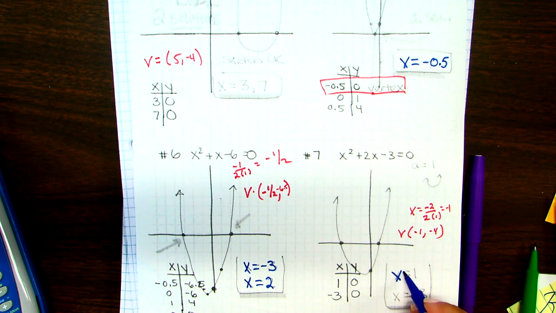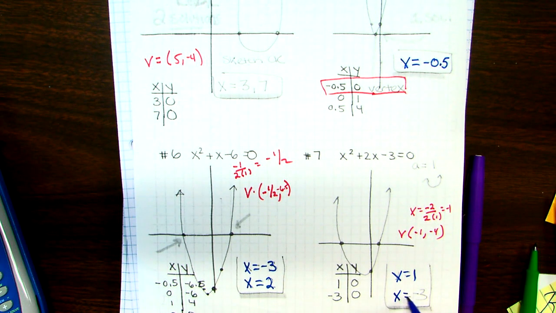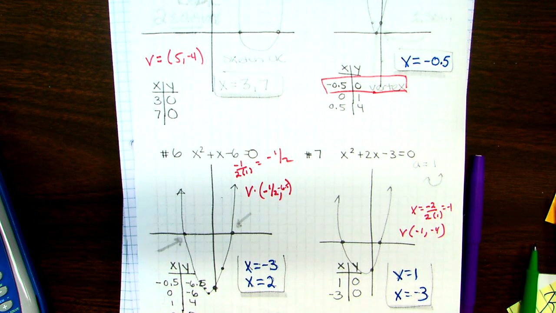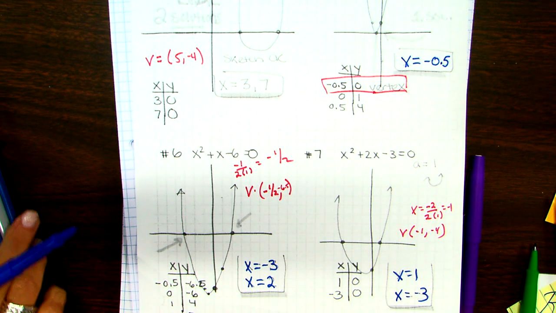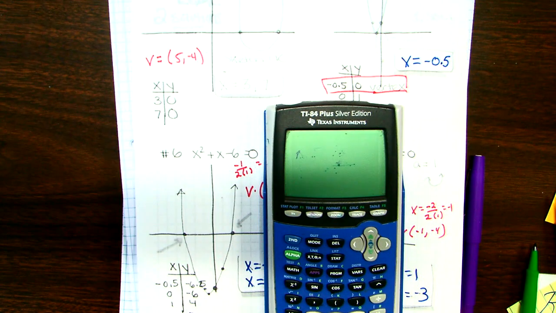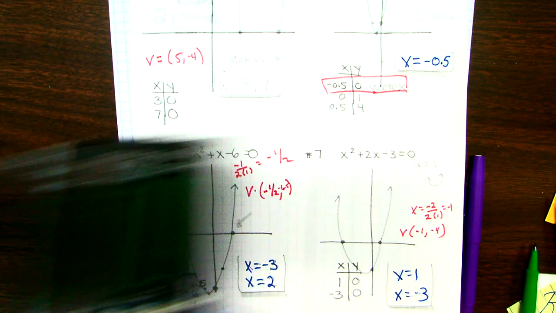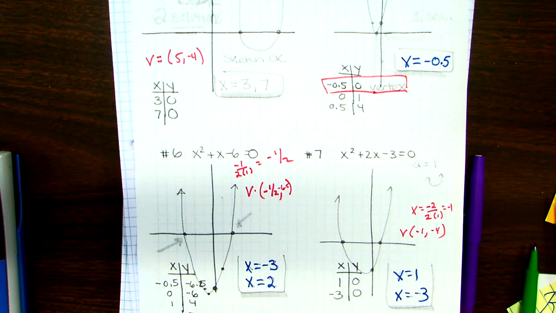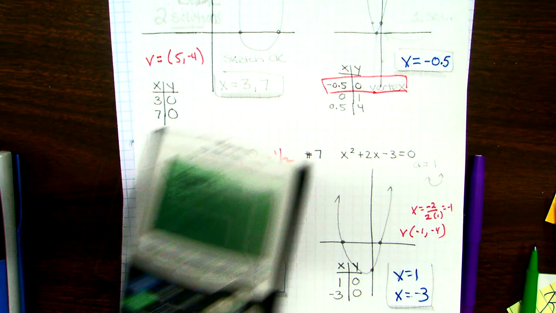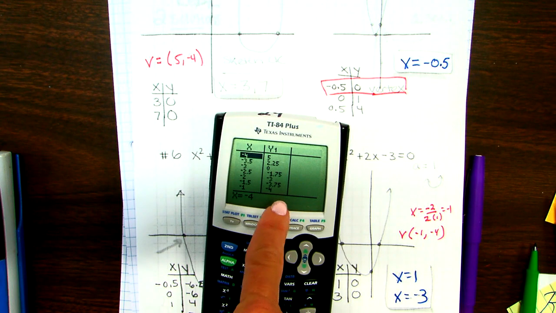So guys, listen. A couple people have called me over and they have the graph right, but it's hard to see where they hit the x-axis because it's a curve and maybe it's not perfect. But Bella reminded me that if you use your table, you can tell what your x-intercepts are.